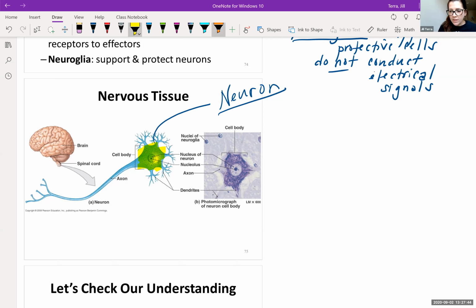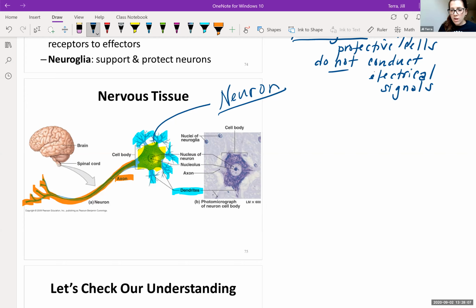And then coming off the cell body are these little tree-like extensions that you see that are called dendrites, okay? And then coming off the cell body, we see this long kind of tube that then branches off. That is called the axon, okay?